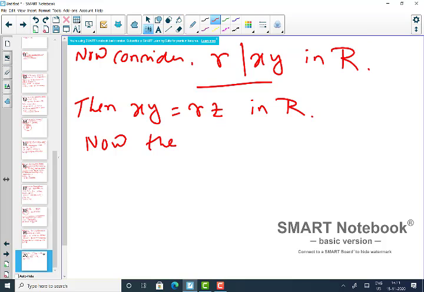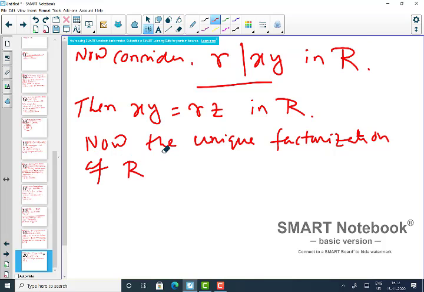Now the unique factorization of R implies what?